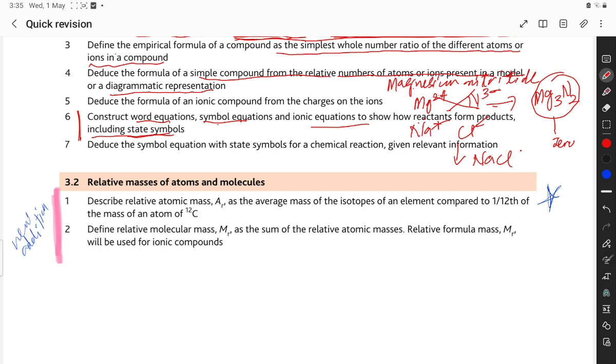So write down only the state symbols, carrying 2 marks. It is very important to know the state symbols of the reactants and products. Deduce the symbol equation with state symbols for a chemical reaction given relevant information.